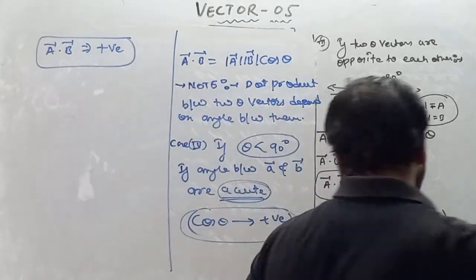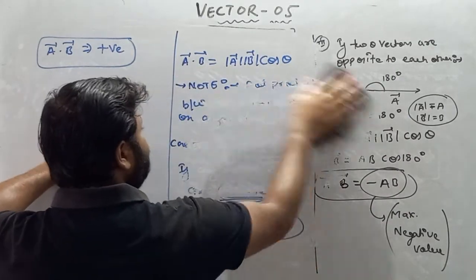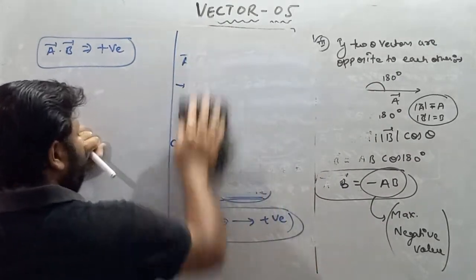So moving forward, remember this thing: for all acute angles, dot product between two vectors gives you a positive result.